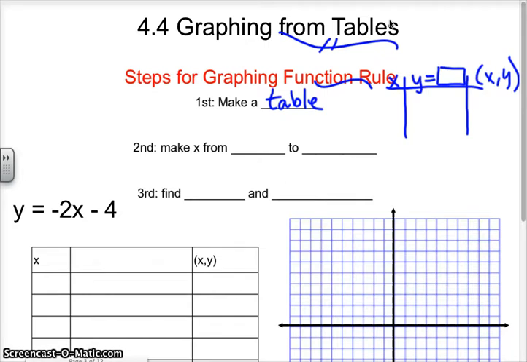And they're not going to tell you what x goes between. So for the homework you have today, you're going to make x go from -3 to +3. You're going to do 6 values today. Actually, 7.